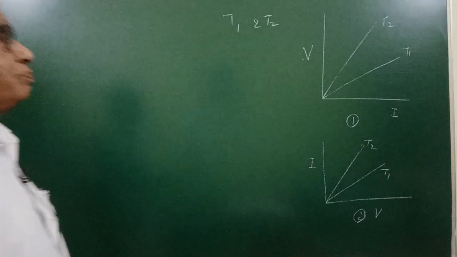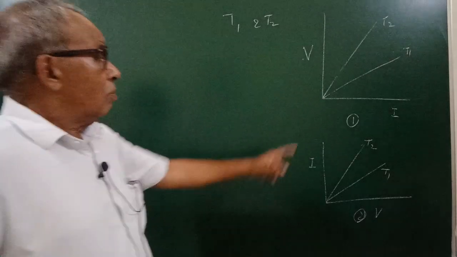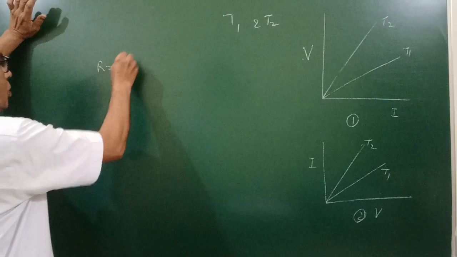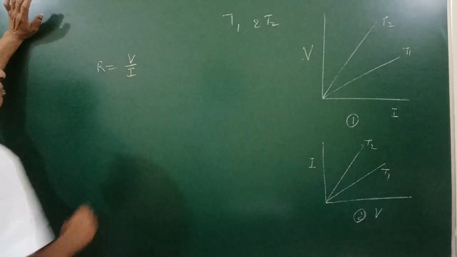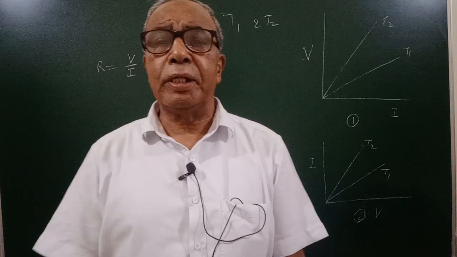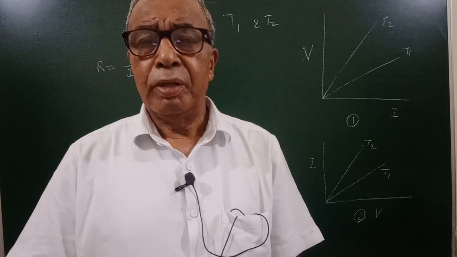You know resistance from this graph, R equal to V upon I, and you also know that the resistance of a conductor increases with the increase of temperature. Is that clear?